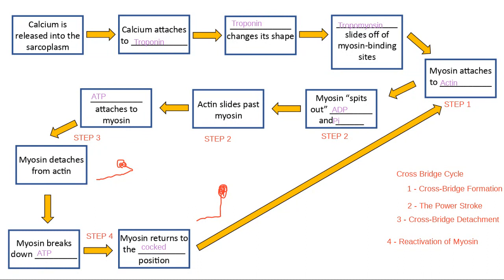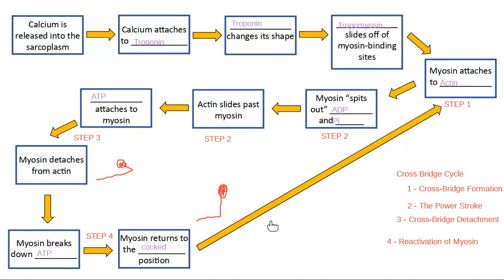In my last step of the process of muscle contraction, I break down ATP, which allows me to return to my cocked position, or the upright position, which, as long as there's still calcium, and as long as troponin and tropomyosin are out of the way, when I get back to the cocked position, I can attach to actin again, and we'll go through this whole process over and over again.